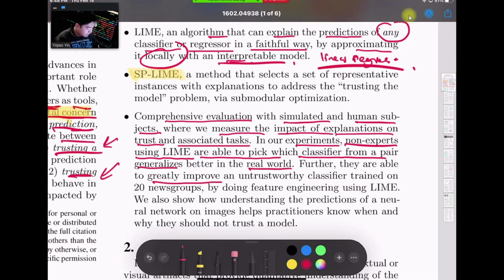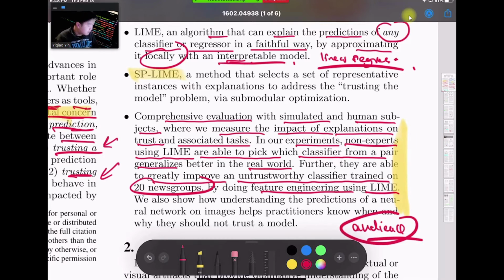Further, they're able to greatly improve an untrustworthy classifier trained on 20 newsgroups by doing feature engineering using LIME. Okay, so this entire area is talking about audience.